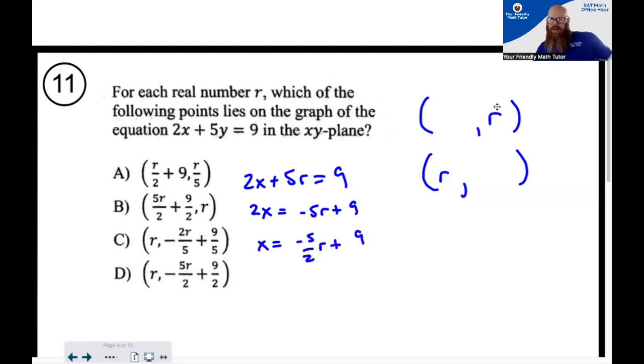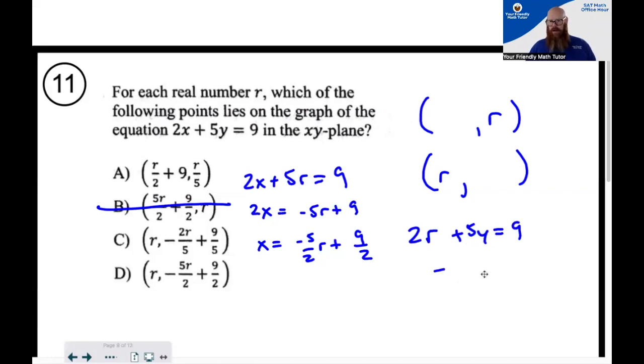And then I look at the answer that has an R in this position, and that's wrong. It's supposed to be negative 5 over 2. So then I say, all right, maybe I'll put R in the other one. So I'll make x R. So 2r plus 5y equals 9. Now I want to get y by itself to figure out what would go here.